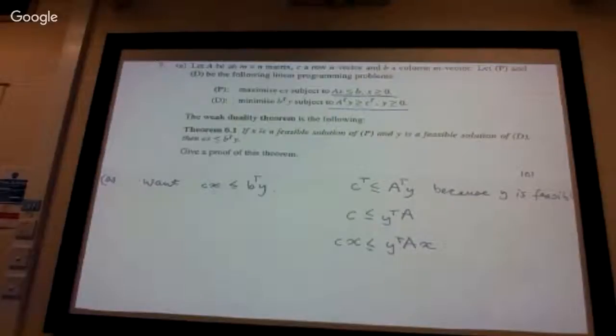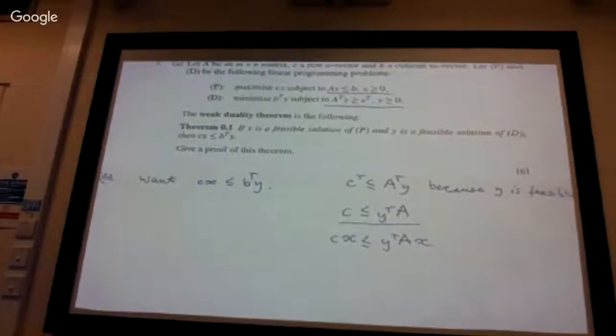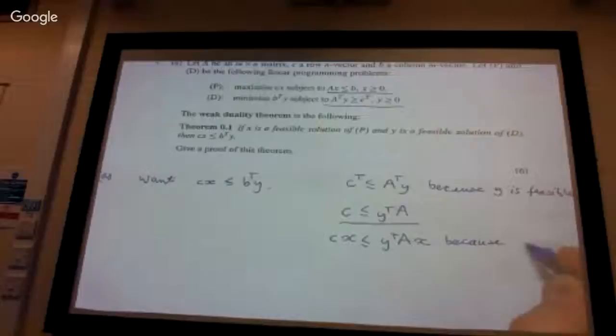This is actually a system of inequalities because C is a vector and y transposed A is also a vector. And what you're doing using this X is taking a linear combination of those inequalities and adding them together. You can do this, and it doesn't destroy the less than or equal to because X is greater than or equal to 0. Each of those inequalities you multiply by a non-negative number and then add them all together, and you still get an inequality that works.